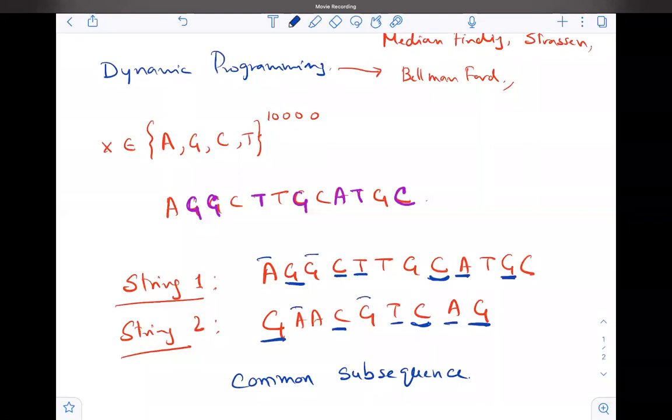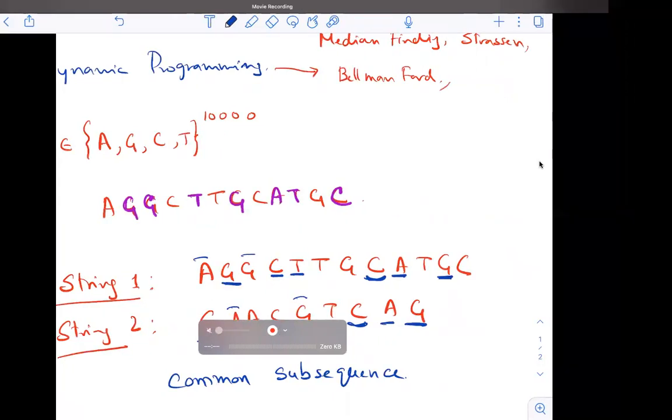So the AG instead of this doesn't increase the sequence length. So it's not very clear. As you can see, it's not obvious what the longest common subsequence is. We might have to look at this very carefully to find out if there is something longer.